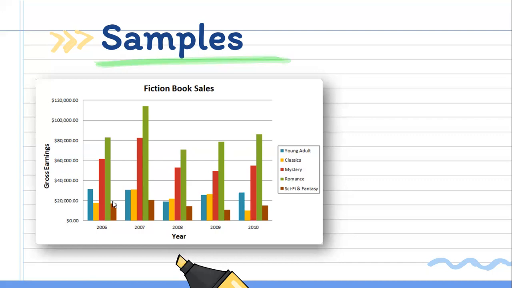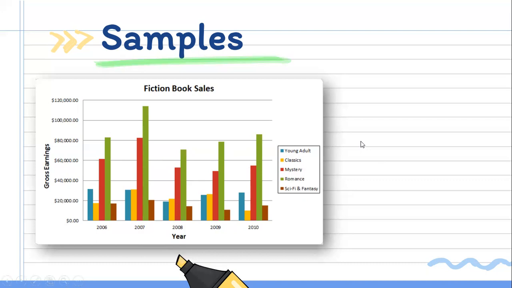Yellow, a slight decrease, and the brown, a slight decrease too. This decreasing trend you can use in the overview: overall, all kinds of books underwent a slight decrease, with the exception of romance, which showed a slight increase instead.